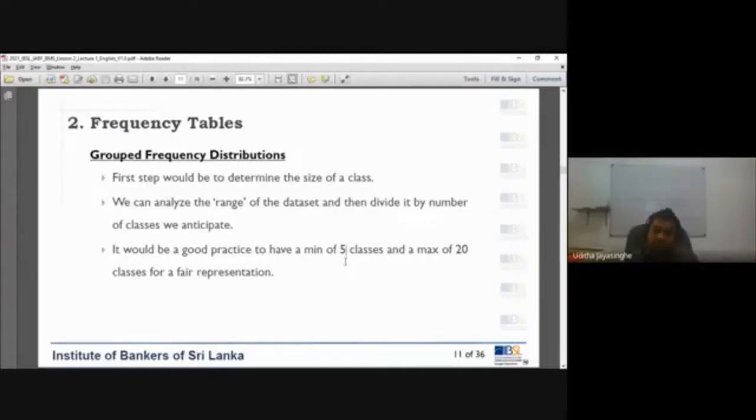When your number of classes is very much larger, maybe 30, 40, 50, your representation is not going to be a summarization, but rather in row form. So always try to follow this best practice. Maybe 5 to 20 is going to be a good number for a fair representation of a group frequency distribution. There are different types of group frequency distribution that we are going to discuss next.